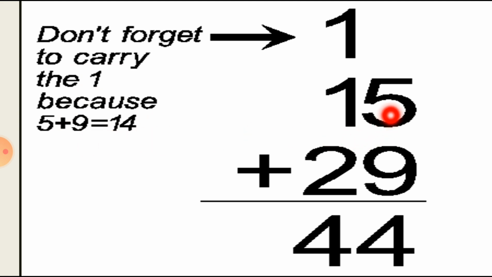In this 14, number 4 is at the ones place, so we write 4 under the ones column, and this 1 will go to the tens column as a carry forward number. So we have to add this 1 into the tens column. So 1 plus 1 plus 2 is equal to 4.